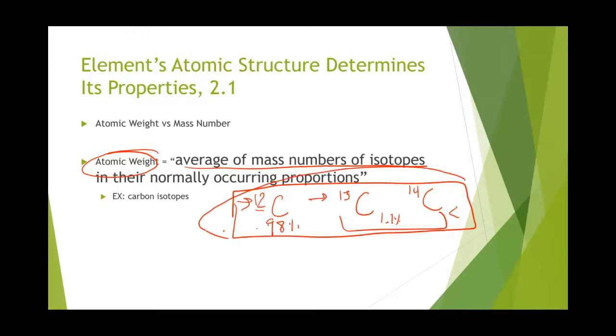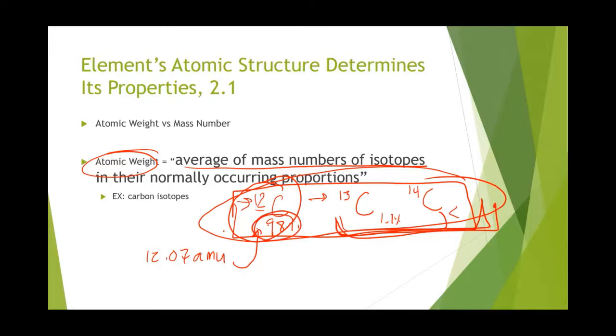If I take all of this together and I just want to find how much does carbon weigh, it's going to be 12.07 AMU. Do you notice how that's closer to this one? It's closer to this one and not to this. It's not close to these ones. And that's because you see this 98% of the time. So it's going to be closer to that. Does that make sense?